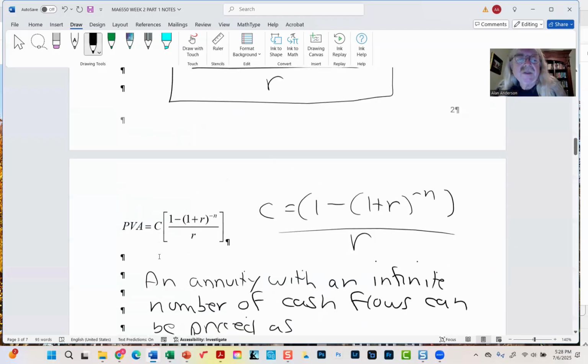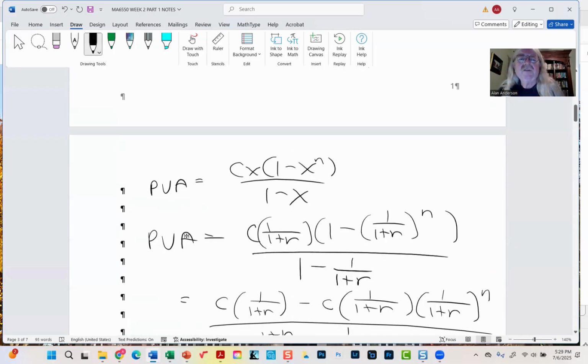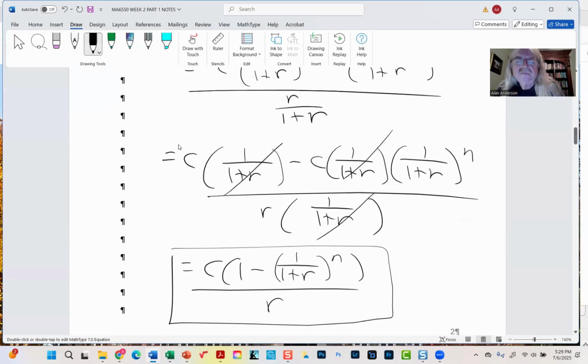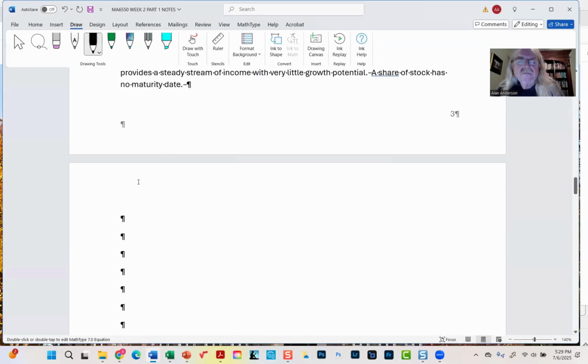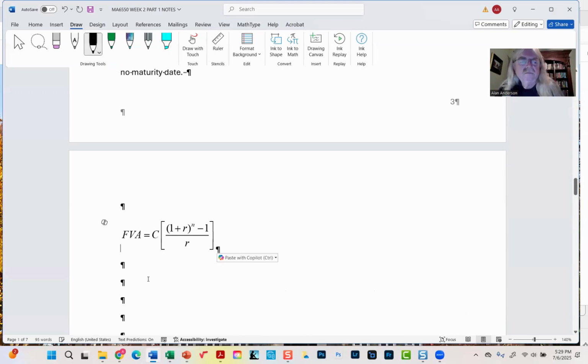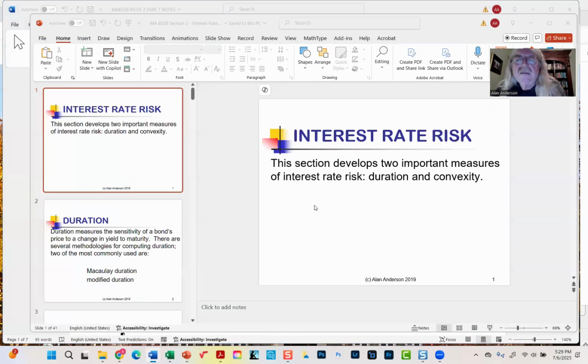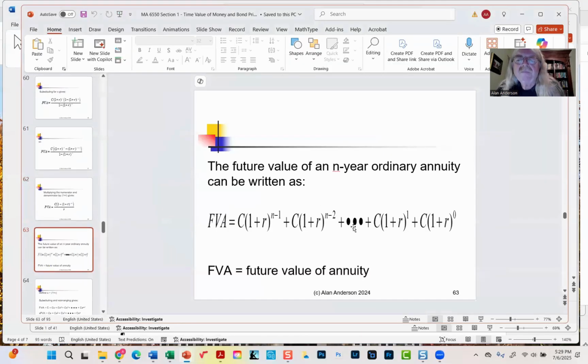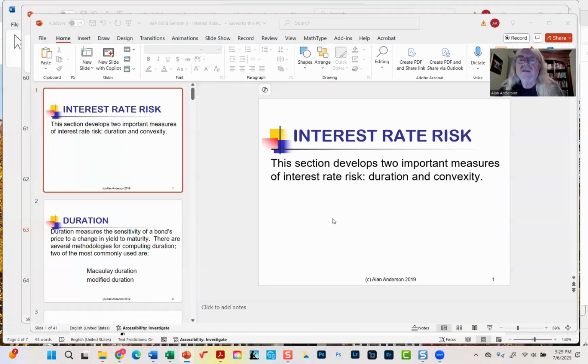Now we're going to do the same thing with FVA, future value of an annuity. We have a simple derivation here to show us why this is the case. Right, and so let's see, where does that come from? Now here, what we're going to do is rewrite it in a kind of interesting way.